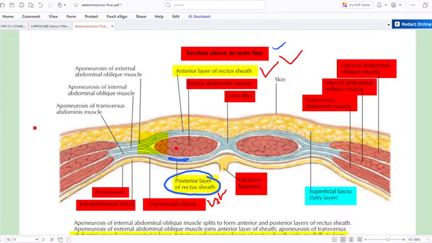Transverse abdominis and the posterior part of internal.